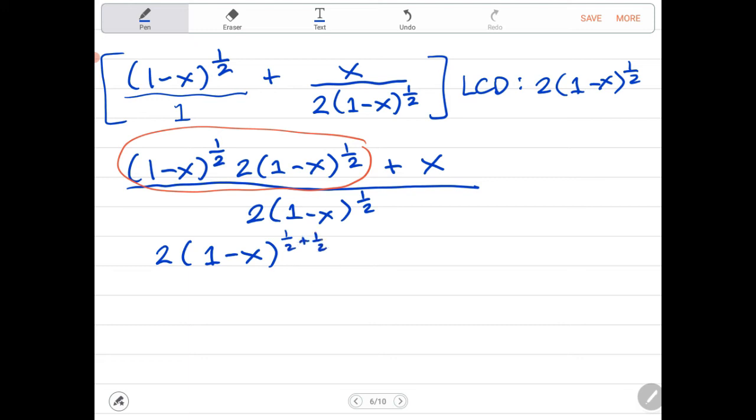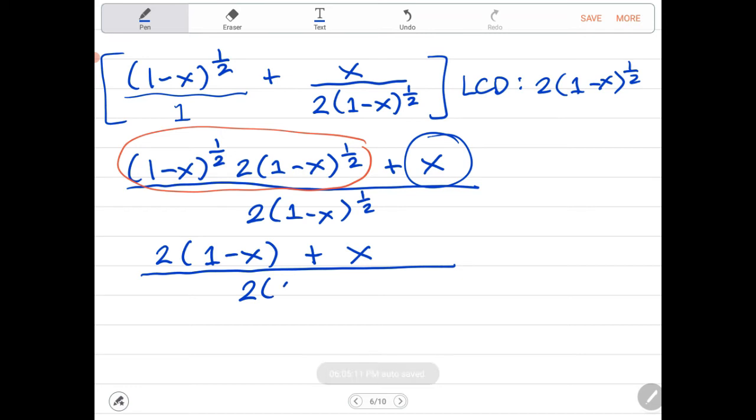So that's why the exponent of 1 minus x here is 1. Okay? Next, we have plus x. This x. All over the denominator, which is 2 times 1 minus x raised to 1 half.